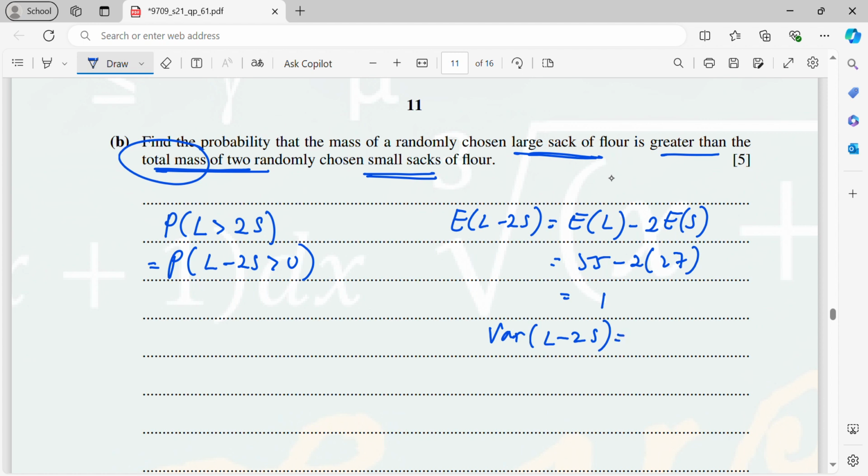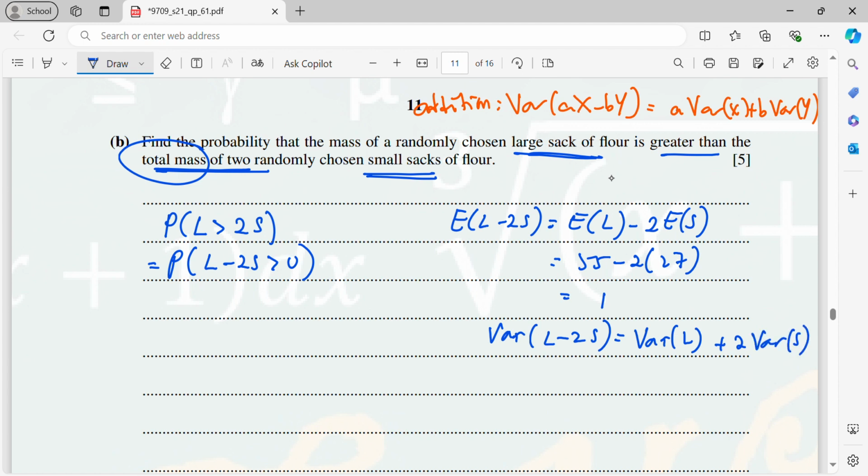But when it is the variance of aX minus bY, it will always be a variance X plus b variance Y. Even though it's minus, it will always be plus. So that means now here it becomes variance L plus 2 variance S.